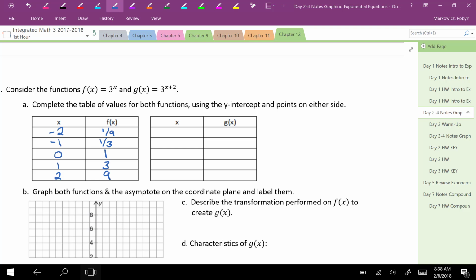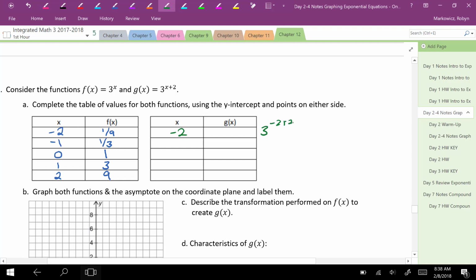Let me ask you this. What number would you like to have as your exponent? You want 0? So what plus 2 would give you 0? Negative 2. So let's do negative 2. Let me change colors. I'm going to say 3 to the negative 2 plus 2.